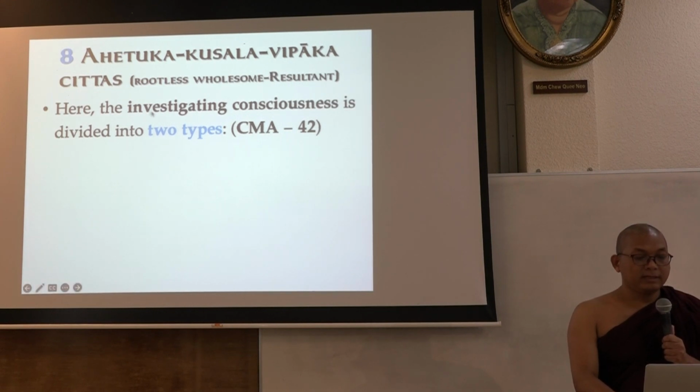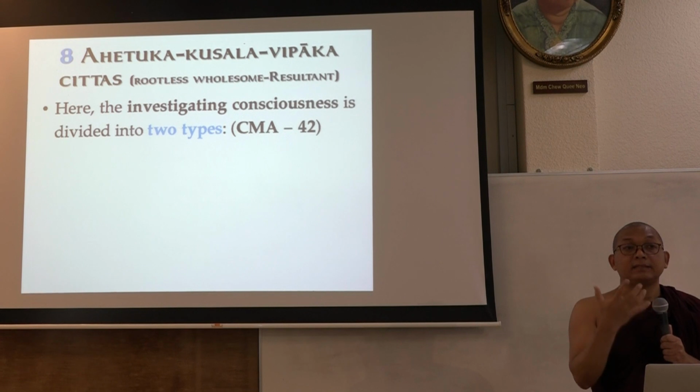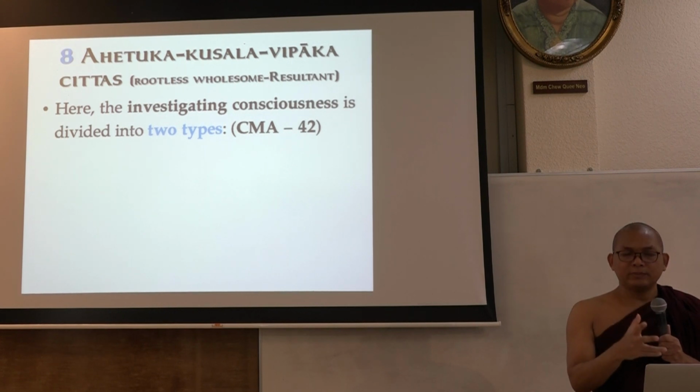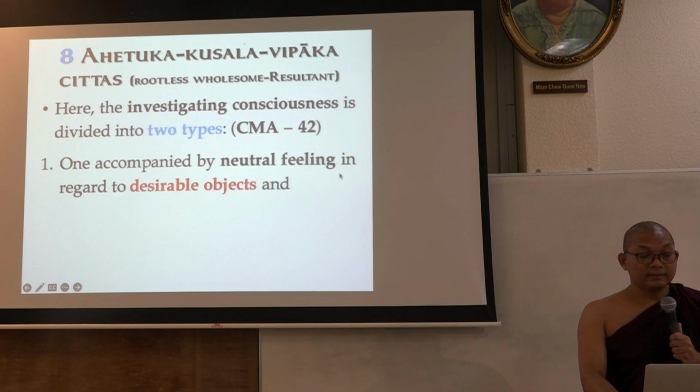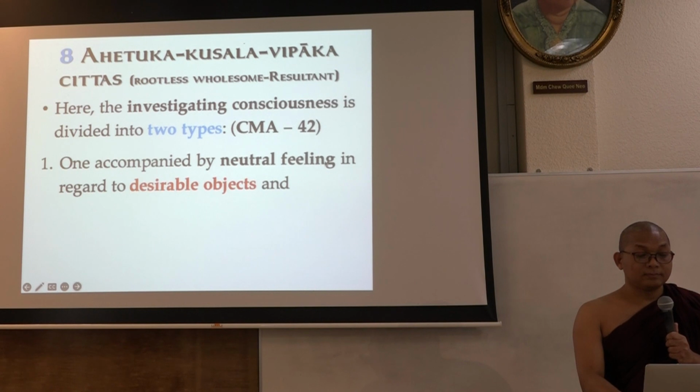Here, the investigating consciousness is divided into two types. The moment your mind investigates a desirable object or an extremely desirable object, there are two types. One is accompanied by neutral feeling, or equanimity, in regard to desirable objects. When you see a desirable object, there is neutral feeling.